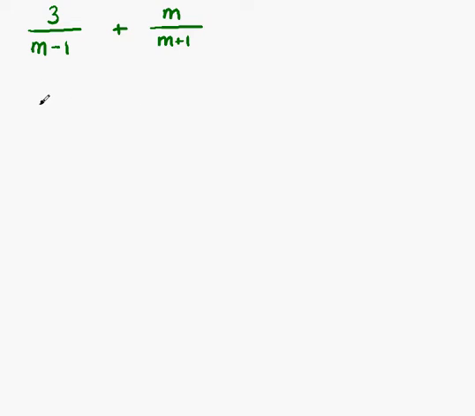So we're going to have two separate fractions with the same denominator. So m minus 1 multiplied by m plus 1, remembering to put them in brackets.